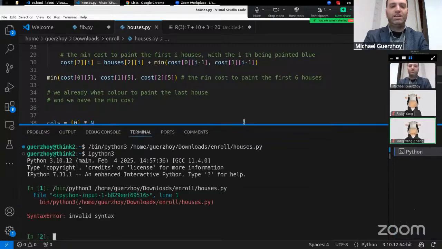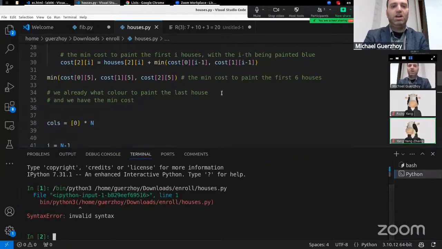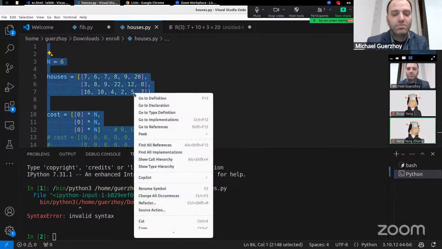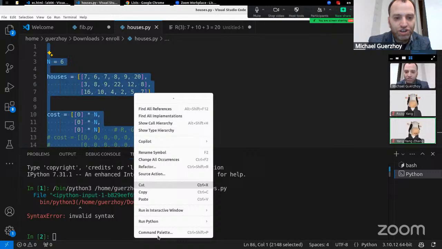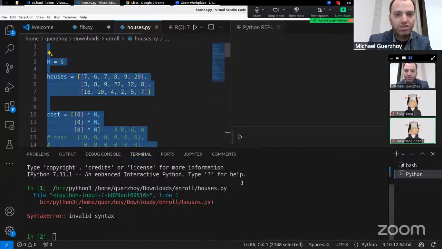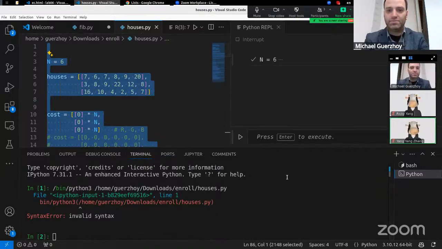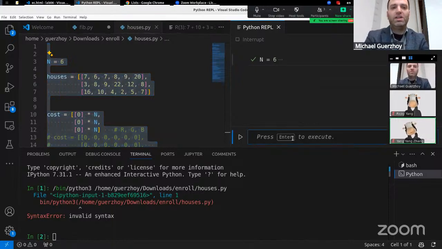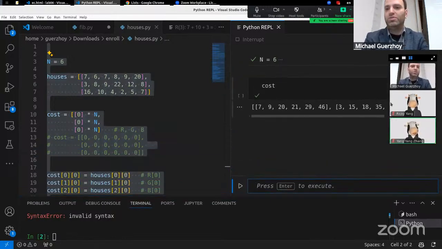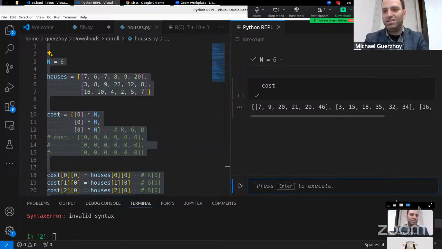So I just ran every... Oh, it's not happy. Yeah, I didn't actually change my key bindings. Shift enter. Okay. So if I look at the cost, it looks like this, right?